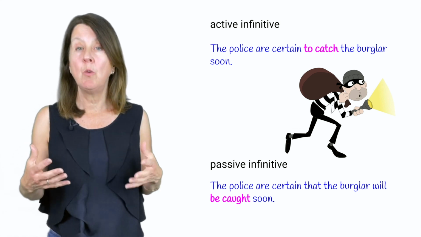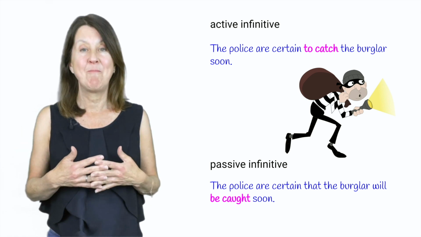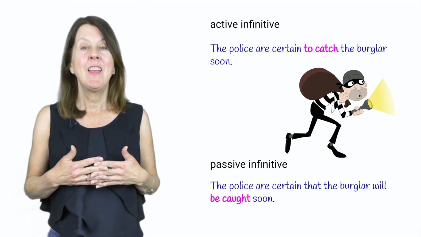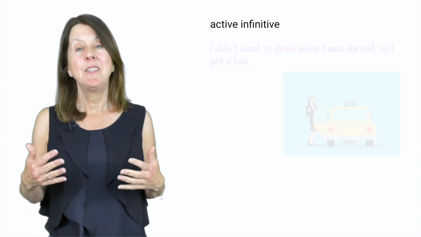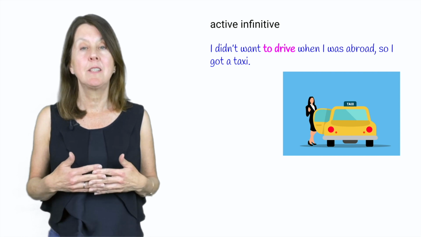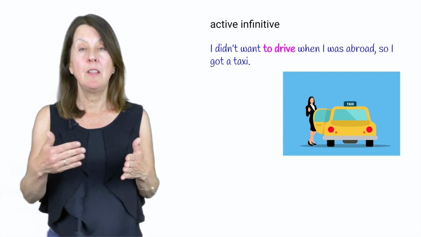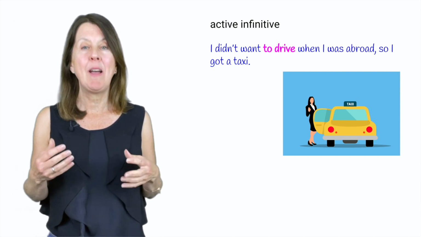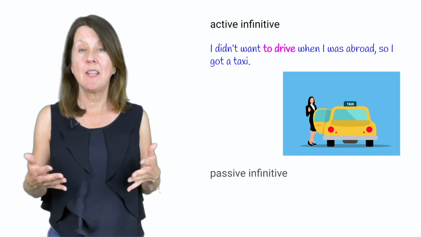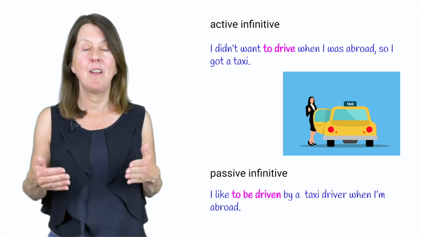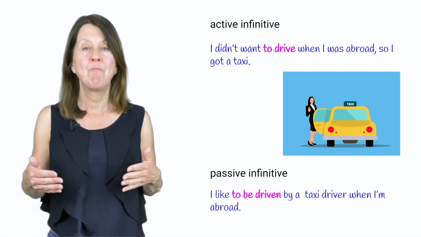We don't know who will catch the burglar. Let's look at another example. Here is an active infinitive sentence. I didn't want to drive when I was abroad, so I got a taxi. You are doing the action of driving, and to change this sentence to a passive infinitive, you could say, I like to be driven by a taxi driver when I'm abroad.